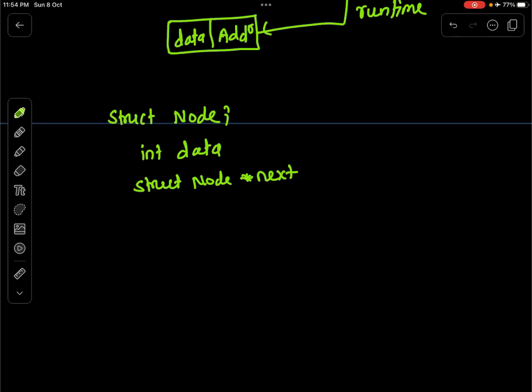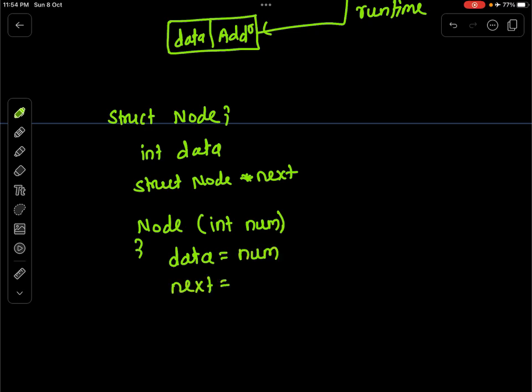Now I'm going to declare the constructor. The constructor will contain an int, say num, that is, I need to create the node for this particular data. So data equals num, and next equals null.